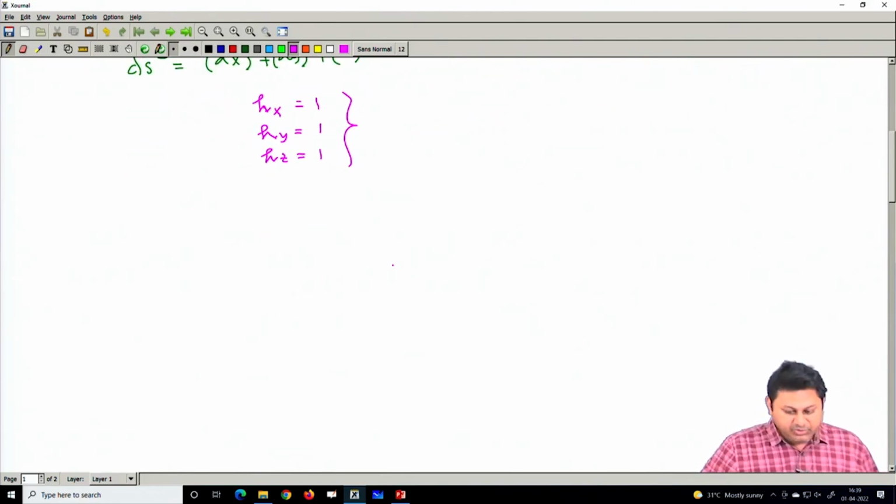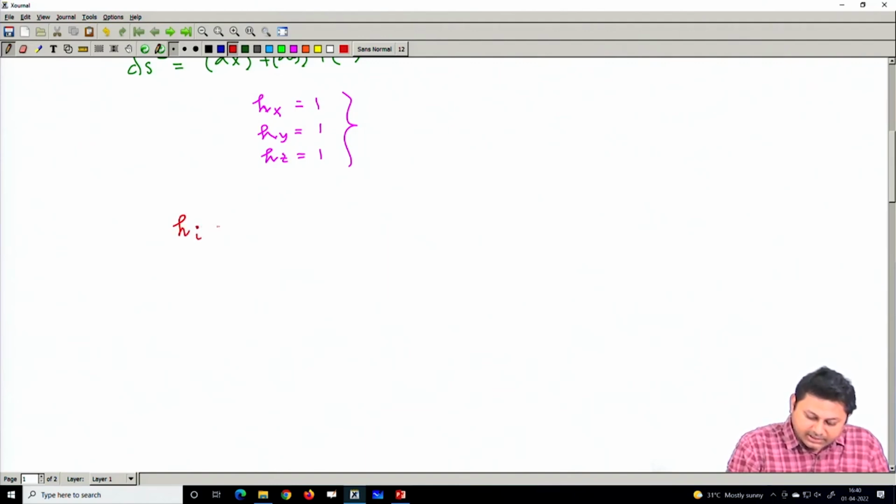Also, we used a recipe to derive the scale factor, and that recipe you can use. If I write it once again, to find out the scale factor hi, the value should be figured out using this expression.